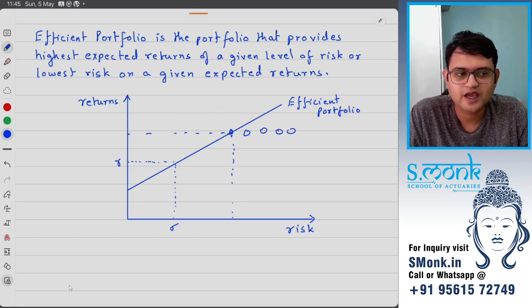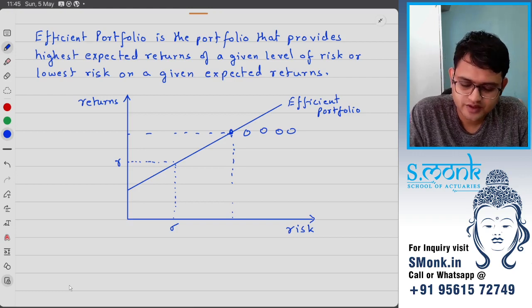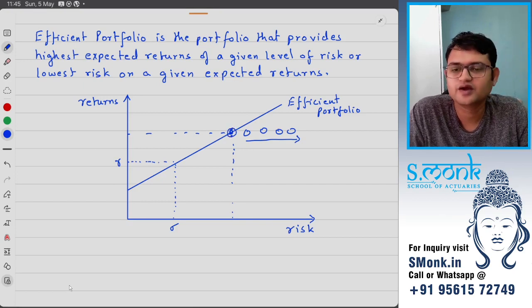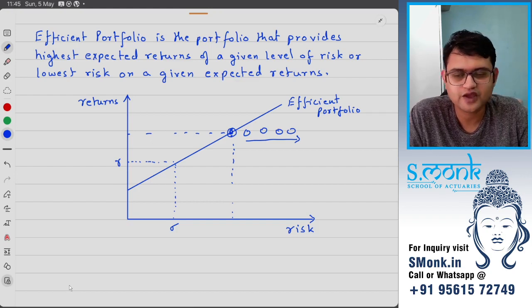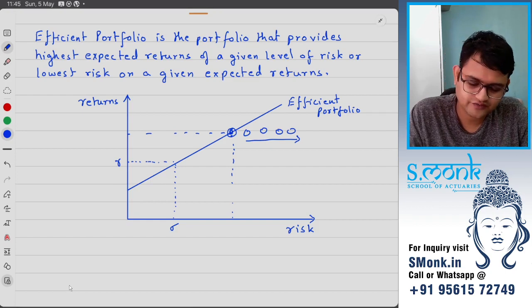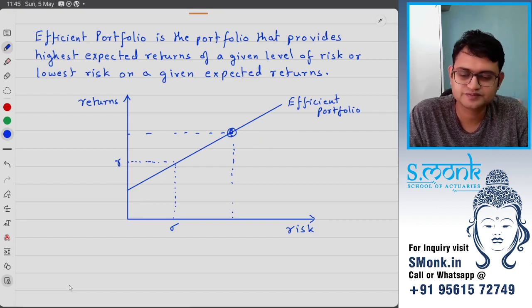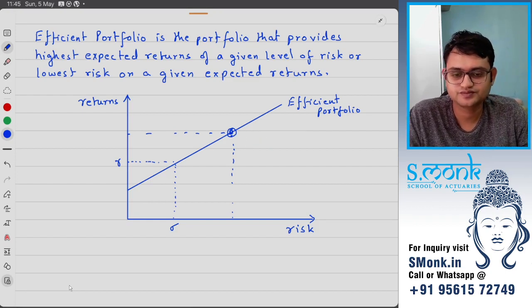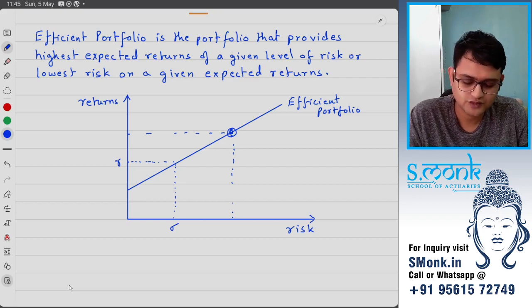I will not accept this much level of risk for the same returns. So this is the point where I would accept the level of risk and returns, whichever I fixed first.